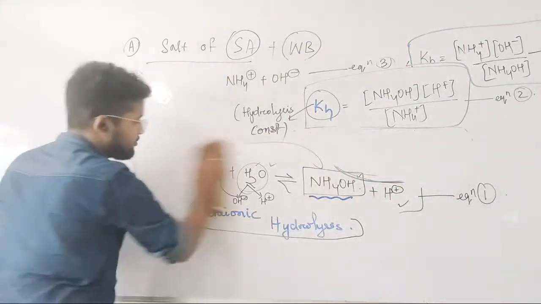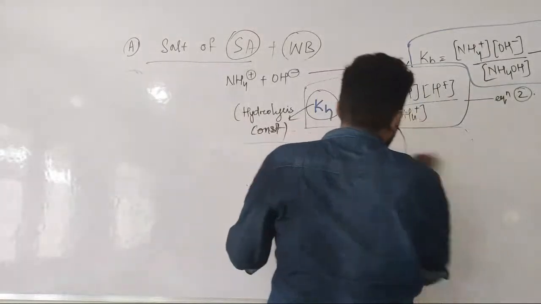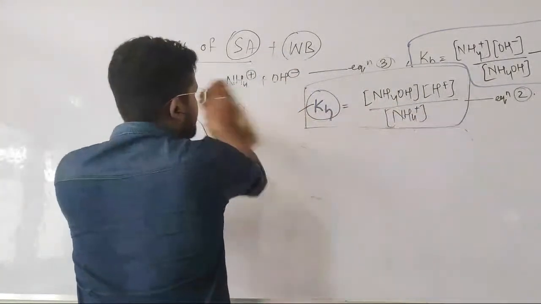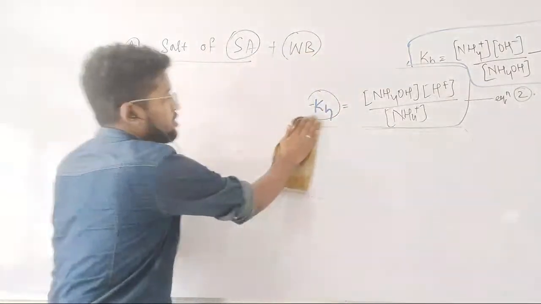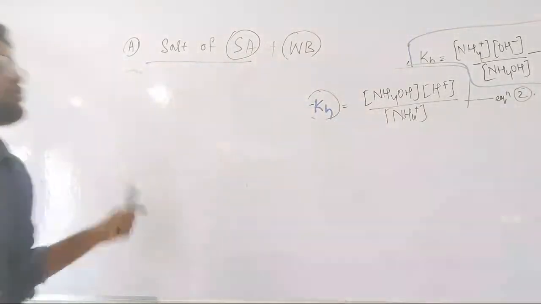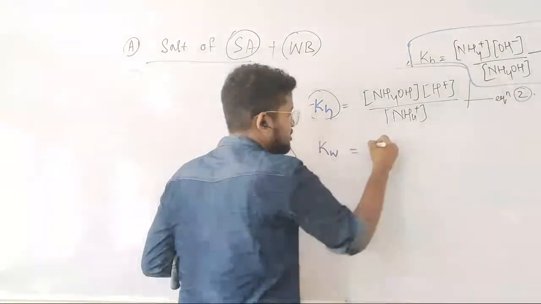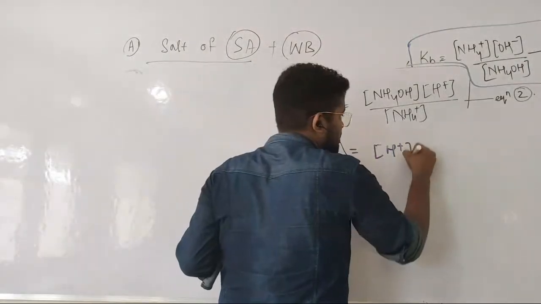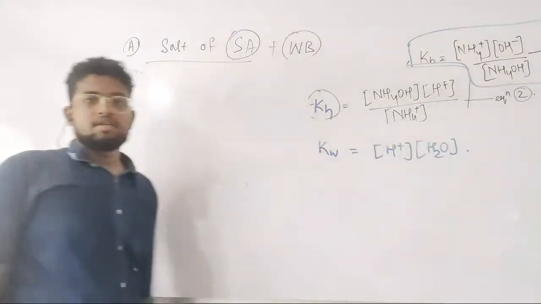So I will erase everything. I will keep the Kw, KH and Kb together and you will tell me a relation, or we will derive a relation together. So we know Kb, we know KH, we know what is Kw. Kw will be H plus ion into OH minus ion, right?